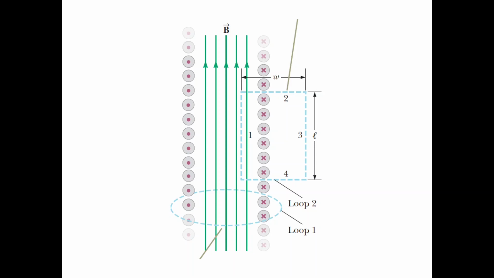This means we need to multiply the magnitude of the electric current in this wire by the number of turns covered by this loop, how many turns fit in the length L. So now we need to write this down.